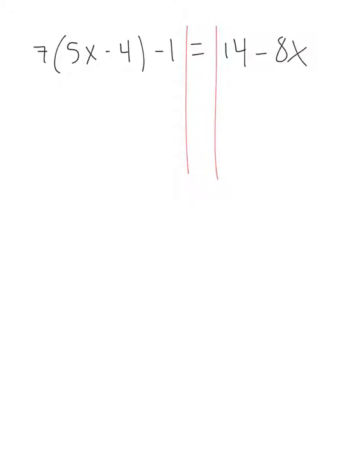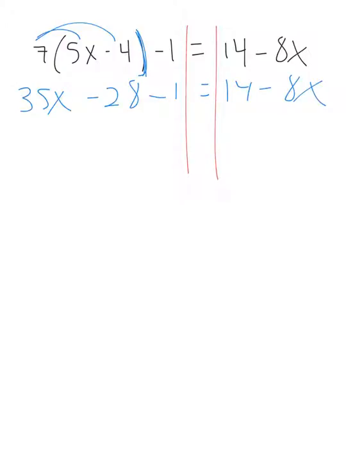This one is a little bit longer. 7 times 5x is 35x minus 28 minus 1. This parentheses here, you're going to stop with your distribution. Don't continue. Equals 14 minus 8x.